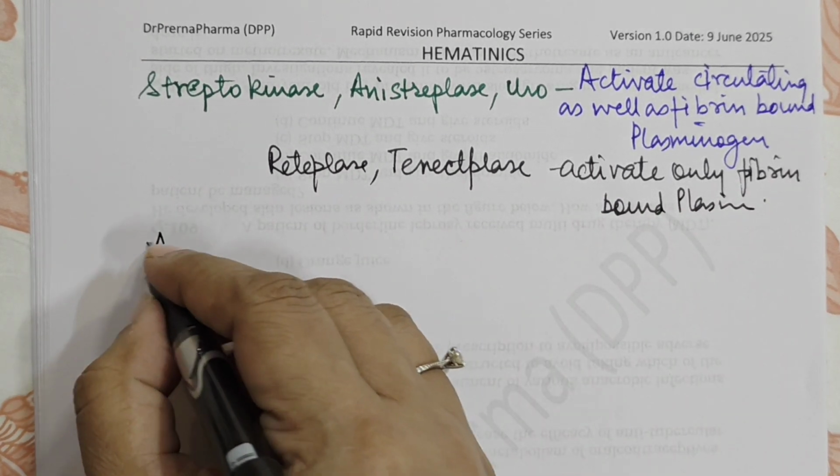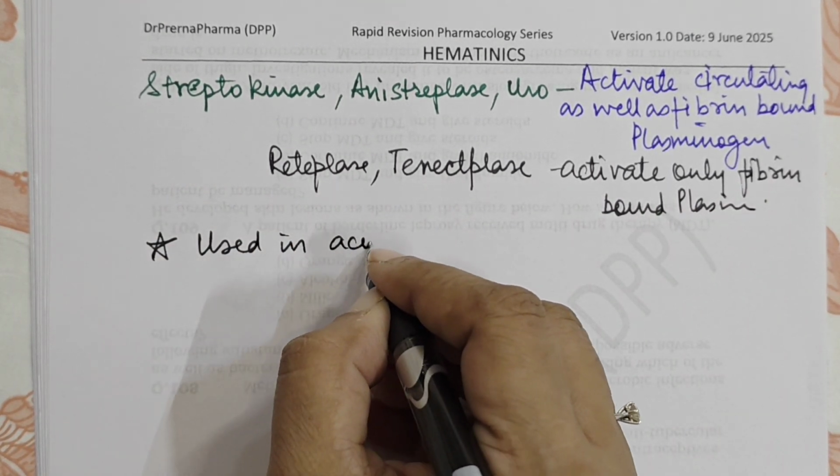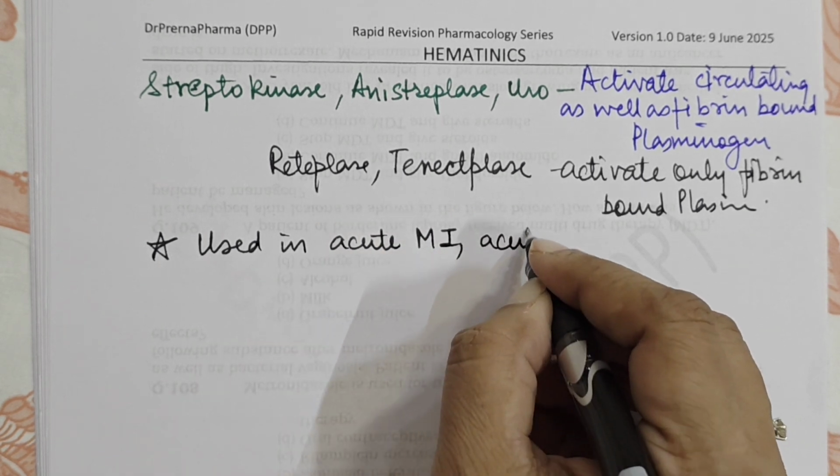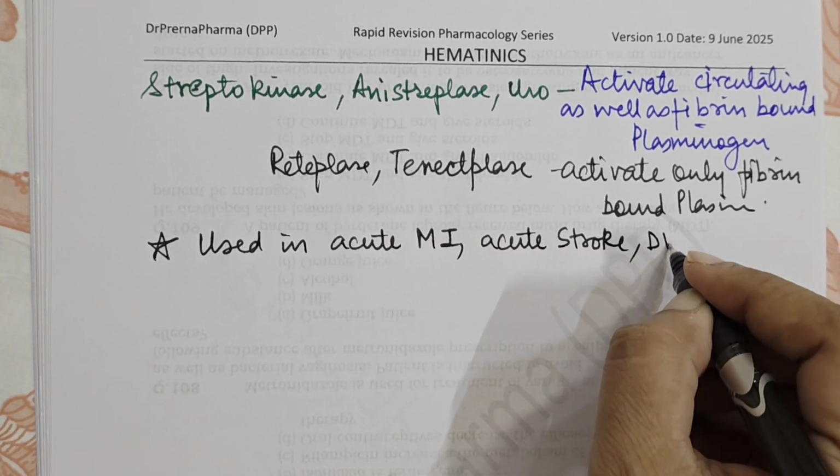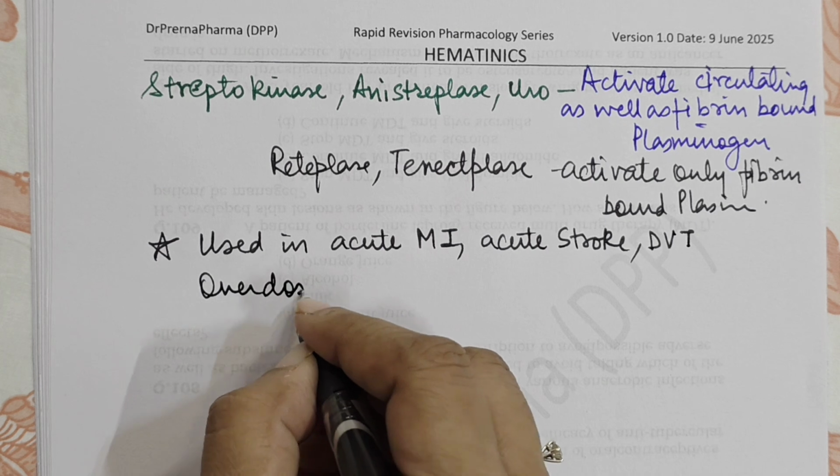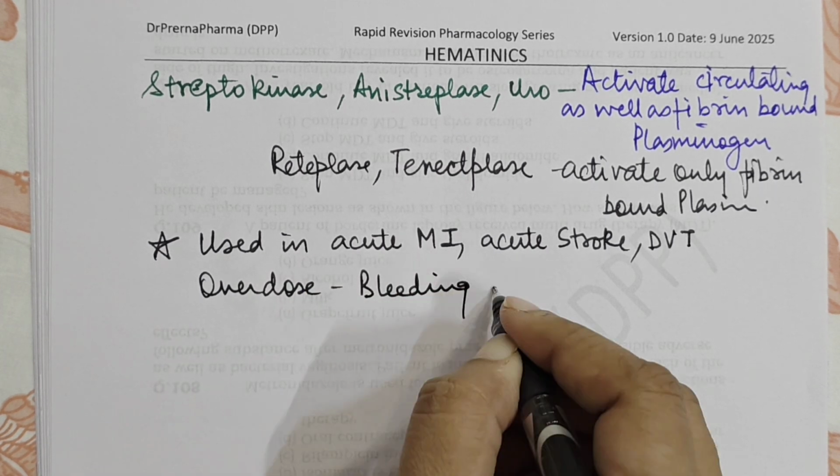Now these drugs are used in acute MI, acute stroke and also DVT. On overdose, what do they cause? They cause bleeding.